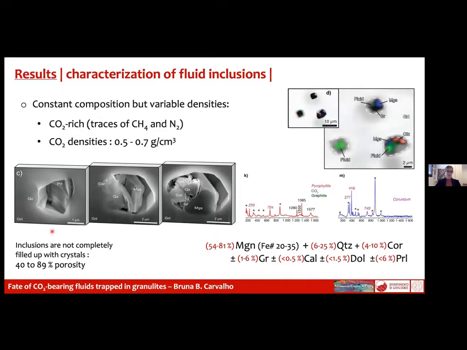Here are some of the sections that we did in one of those inclusions. You can see the presence of corundum, quartz, and magnesite, but also pyrophyllite. We observed that these inclusions have from 40 to 89% porosity. And in the case of Athabasca, the carbonates are predominant over the OH-bearing pyrophyllite.